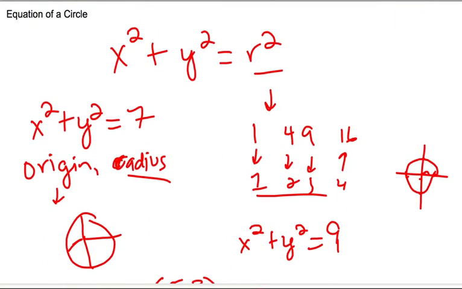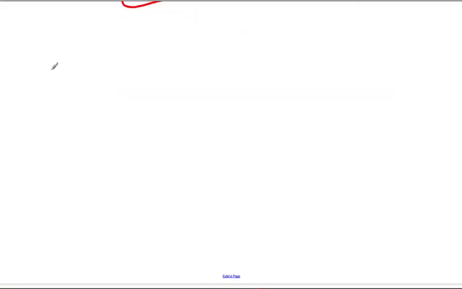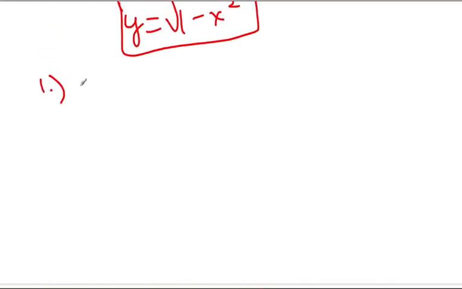So note that x squared plus y squared equals r squared can become the semicircle equation through simply solving for y. Now, we can do several things to our equation to complicate the getting of a circle, but the major steps for finding the equation of a circle are to first ascertain the radius, which you can do by finding the diameter and dividing it by 2, or various other methods depending on the problem.